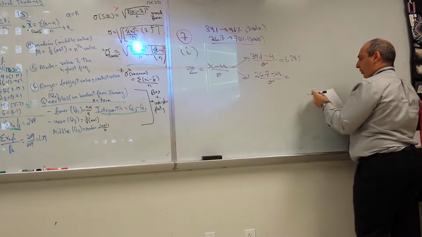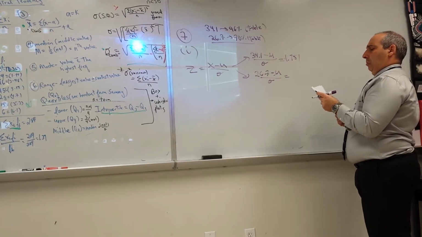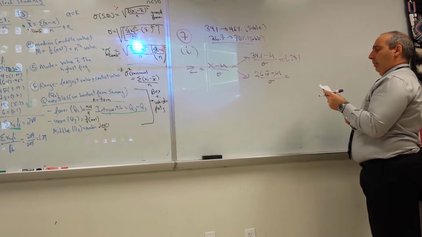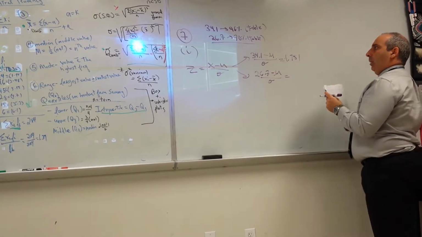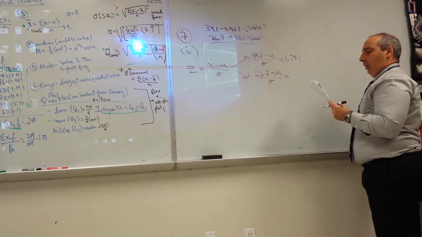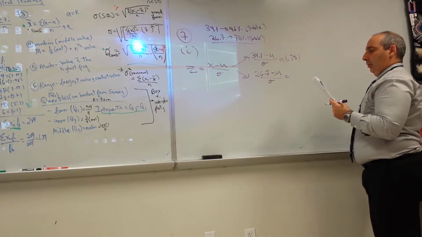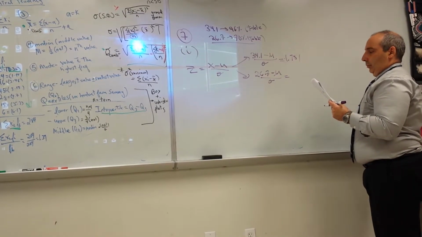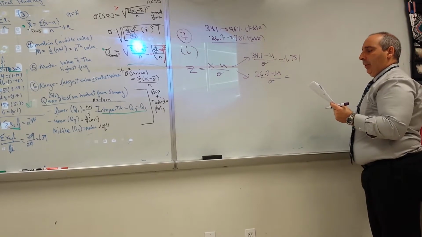0.476? Really? I think I did 1 minus that. Yeah, it's 1 minus that. Why is it 1 minus? Because you can only do to the left, less than, when you're plugging into that formula. That's a pain in the neck, okay?